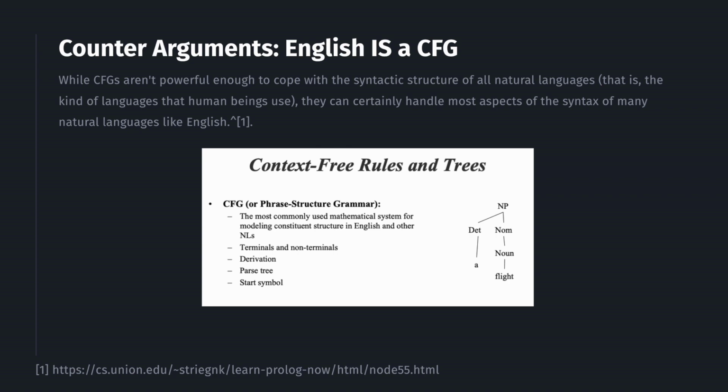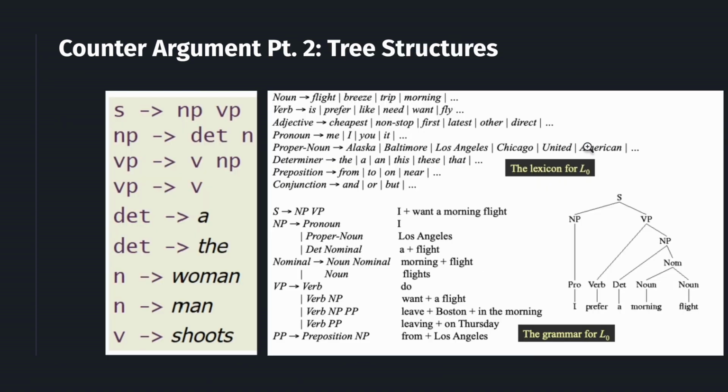On the next slide here, you see two very easy examples of applications of these tree structures. To get into more detail, on the left-hand side, you can start with a non-terminal S, which can be broken down into a noun phrase and a verb phrase, and then those noun phrases and verb phrases can be broken down further into nouns and verbs and prepositions.